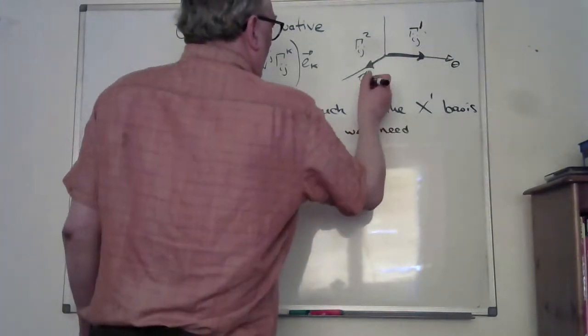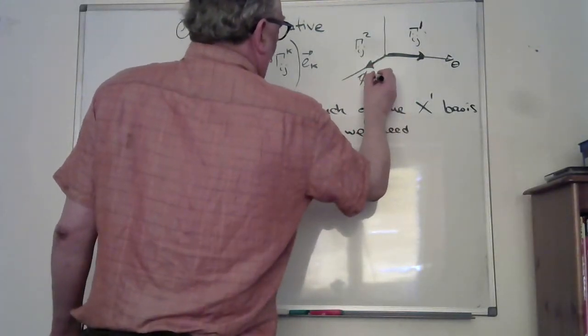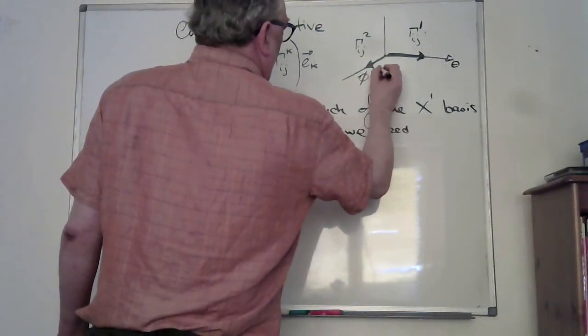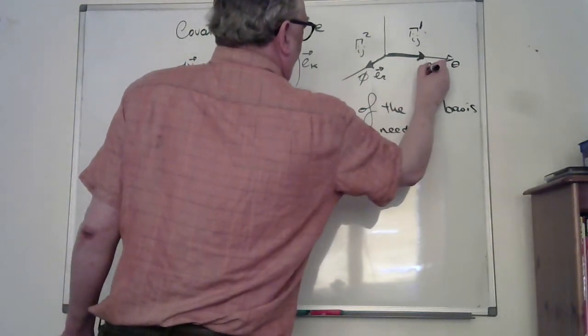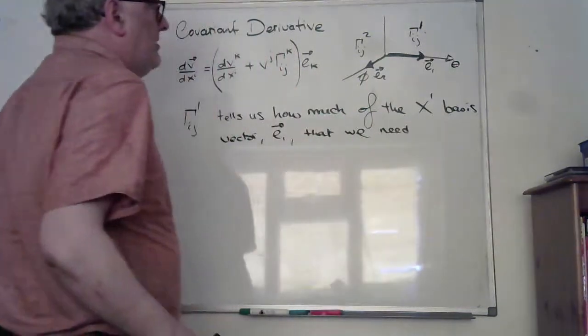And of course the basis vectors are actually written E2 like that, and E1 over here.